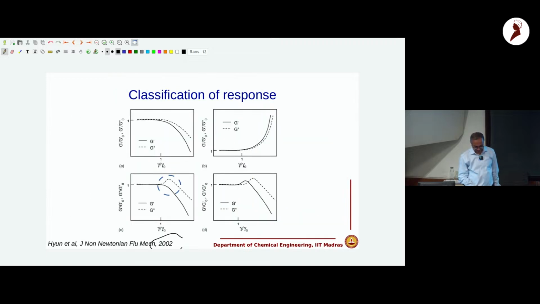And so this came out quite some time ago, that looking at G prime and G double prime, you could have 4 different types of responses. One where both of them decrease, one where both of them increase, and then you have the one that is a lot more common.